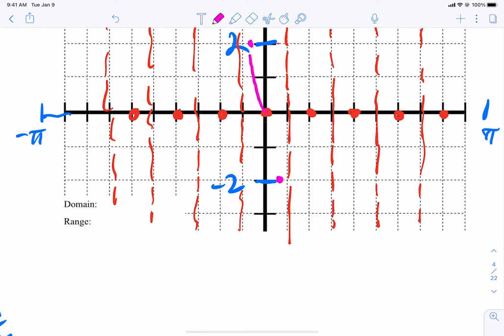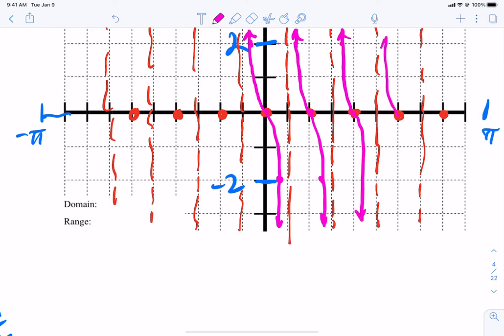So it goes up on the left and down on the right. Up on the left and down on the right. And what did that is the negative flipped those over. And even if you did nothing more than just flip them over, drew them for me, I'm good with that.